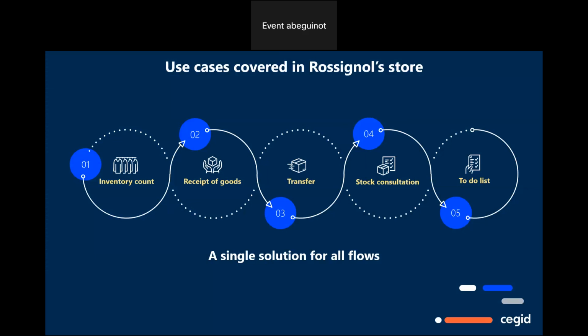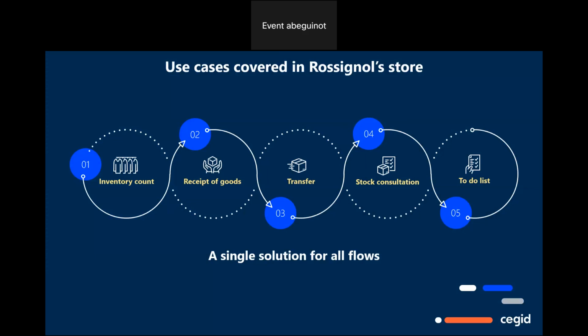Also about the transfers: in some areas they have different stores in the same city, for example, and sometimes during important periods like Christmas and the winter period, they need to increase the number of transfers in order to replenish a store that needs merchandise or a specific product.